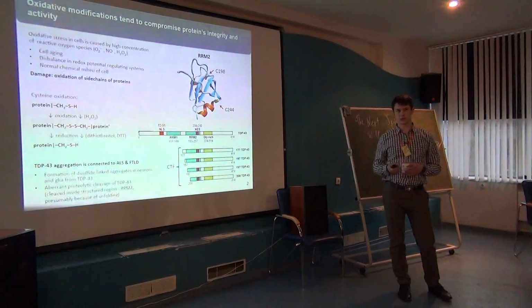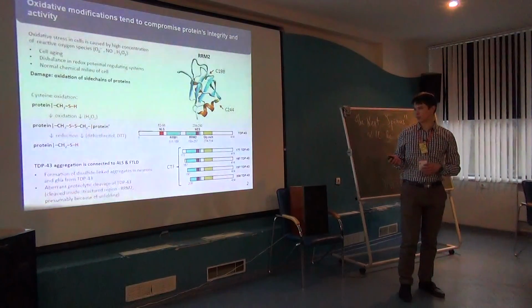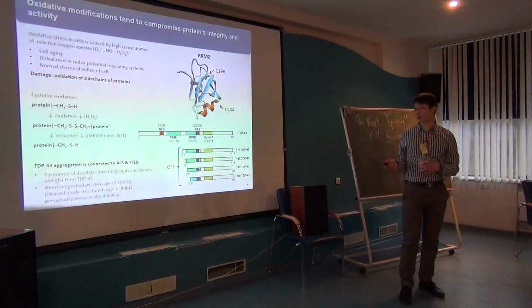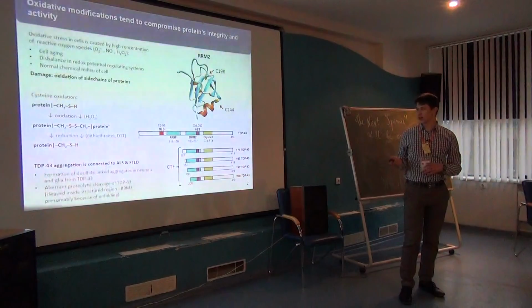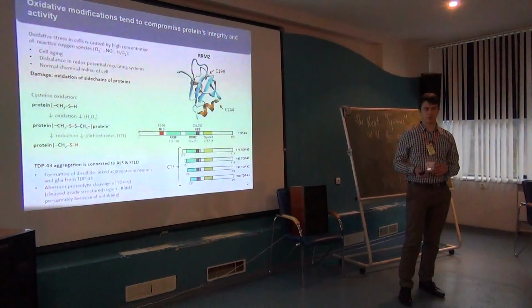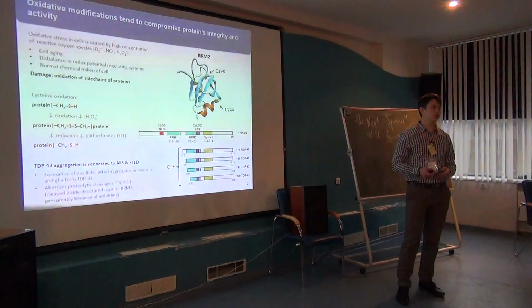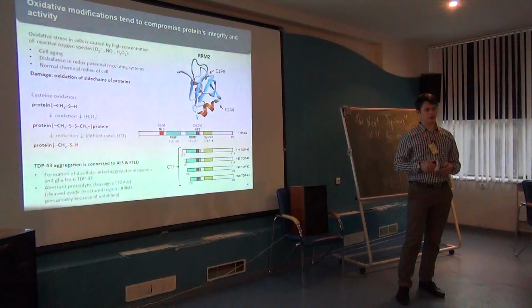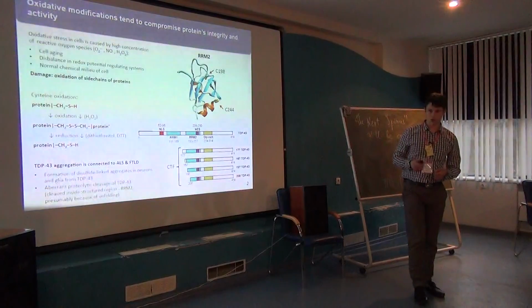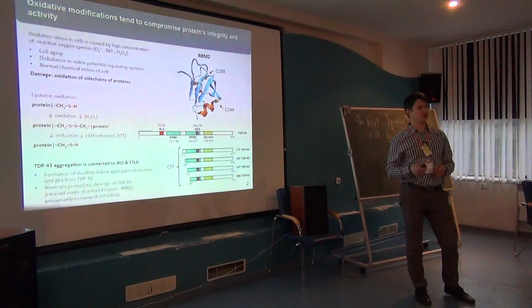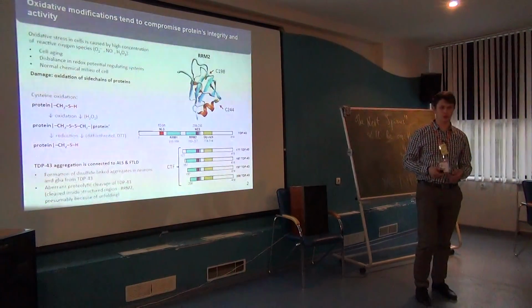The usual case, so I will just tell about our systems. Usually such bonding stabilizes systems, but if this bonding is not native, it can produce a very strong effect on structural integrity and functions of proteins.